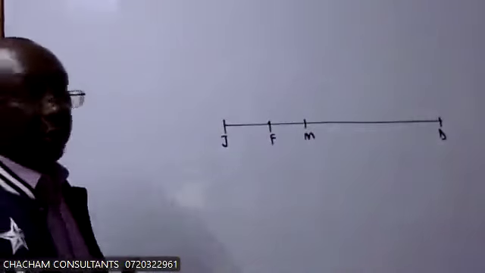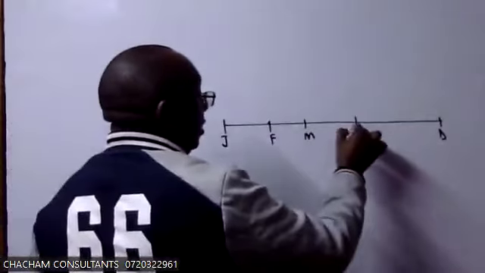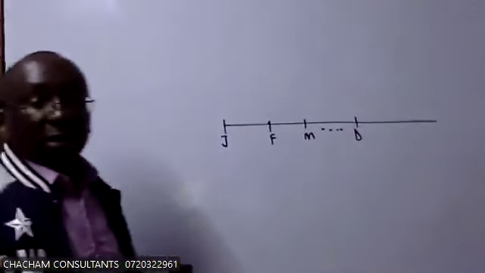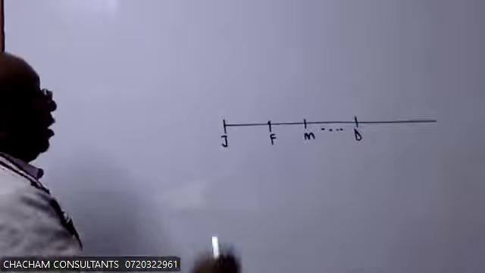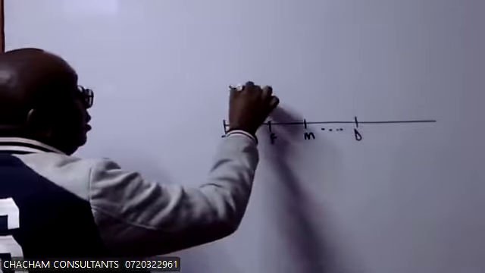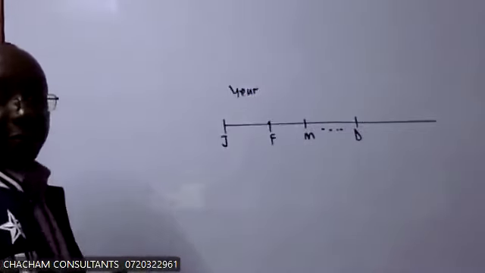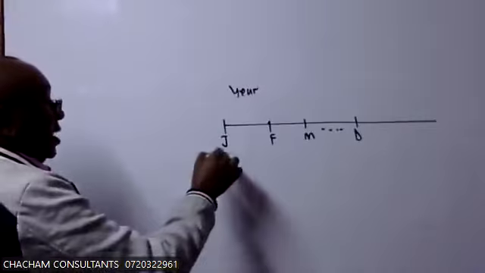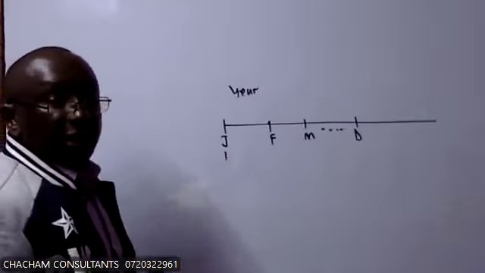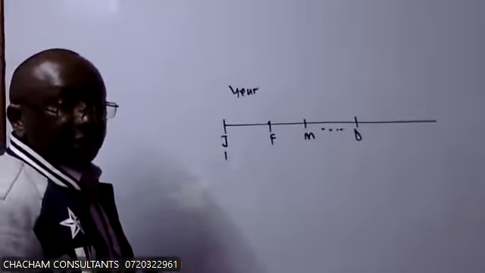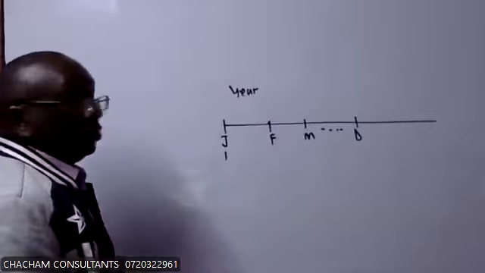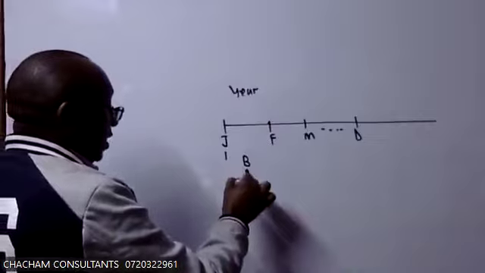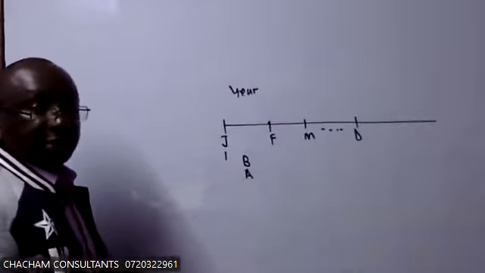You prepare a budget for the whole year. Then you start implementing it on 1st of January. You run with it until the end of January. You stop. When you stop, you compare what you budgeted vis-a-vis the actual that was realized.